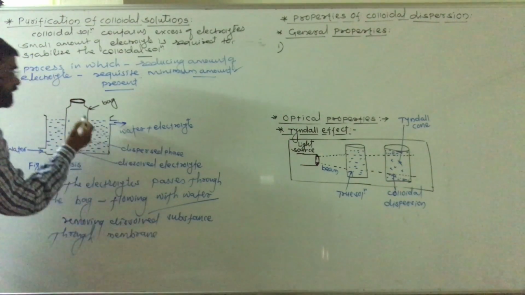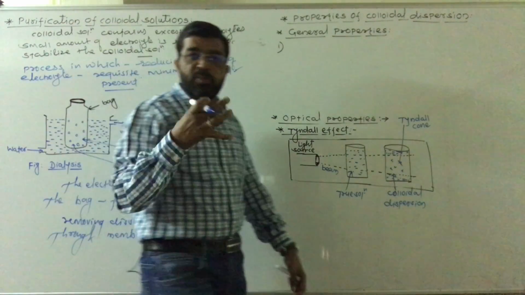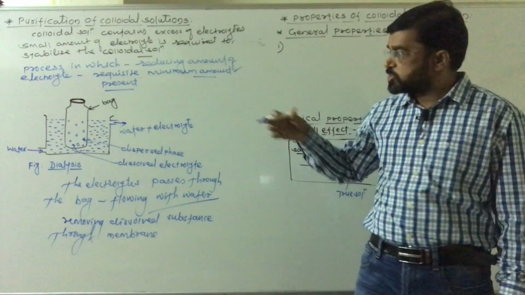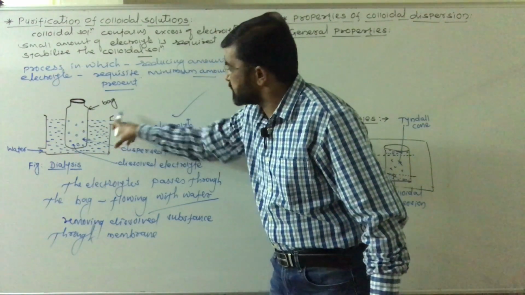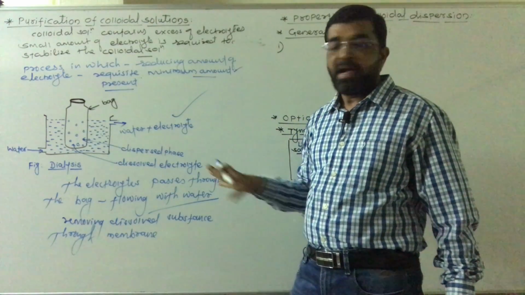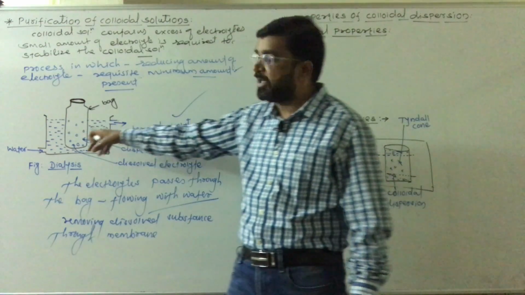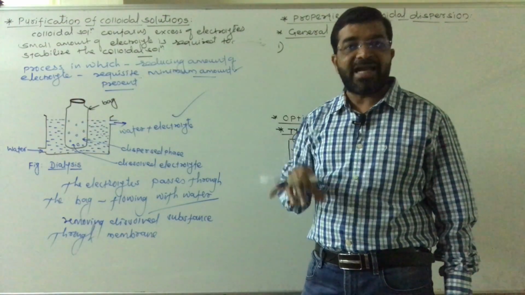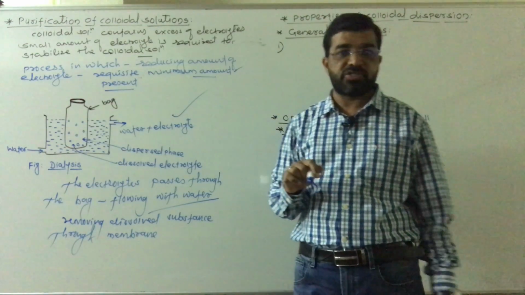This is a porous membrane, and through the porous membrane of the bag the dissolved electrolytes are removed and flow away with water. Water plus electrolyte goes outside, and the purified colloidal solution is left. That is nothing but the purification, and this process is called dialysis.